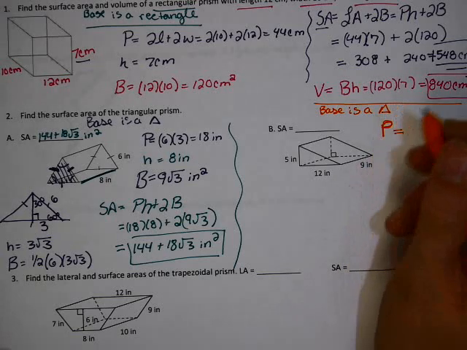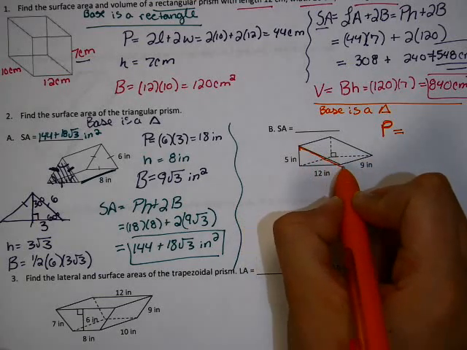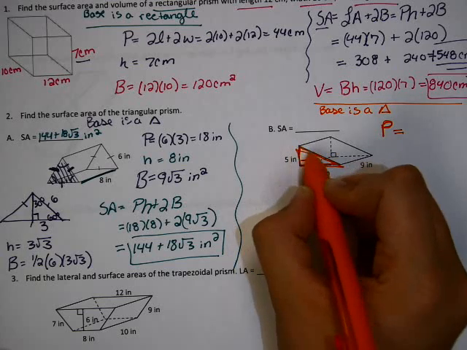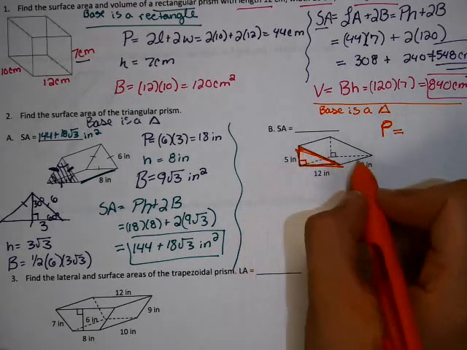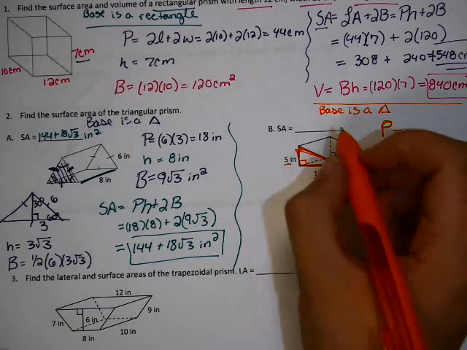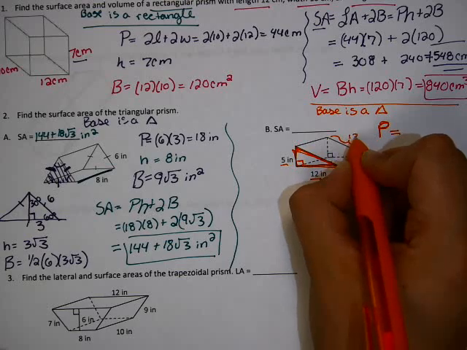Now notice here, if this is my base, I'm missing one part to find the perimeter, and that would be the hypotenuse. So you guys, you can use the Pythagorean theorem to find the hypotenuse, but recognize this is a Pythagorean triple, so this length is 13.